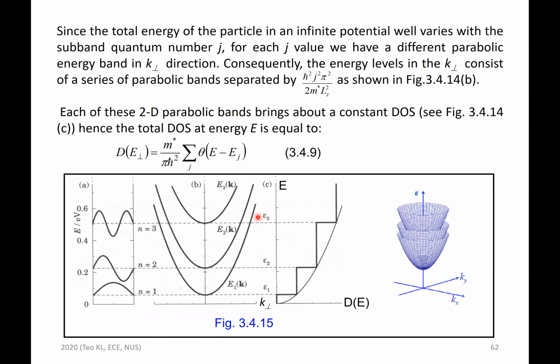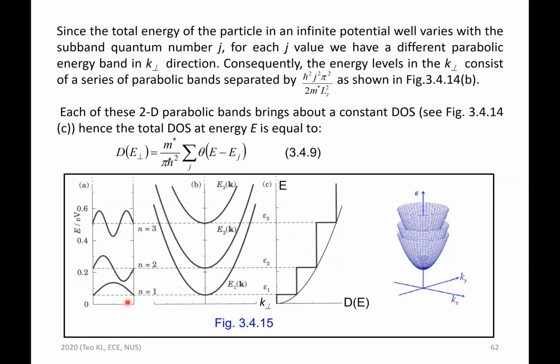Remember that the total energy of the particle in the infinite potential barrier has the kx, ky direction, which is known as the k perpendicular direction, and then the z direction, which is the quantized energy. So this is your quantum well again.